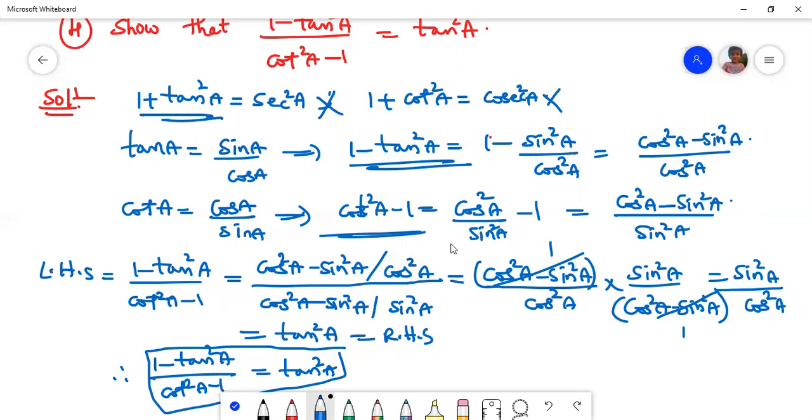If one divides the other, the numerator and the denominator of the numerator are the same terms, so they get cancelled. So we get tan square A. For that idea, I applied it here. First, check whether identities are suitable or not. If not suitable, then go through the ratios.